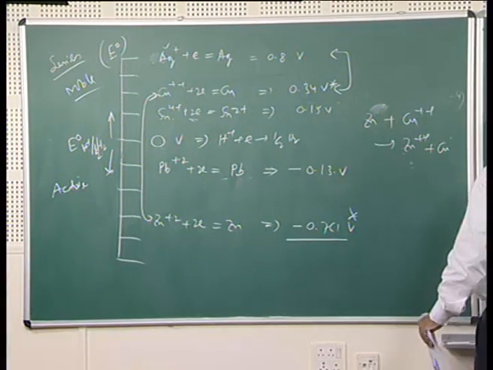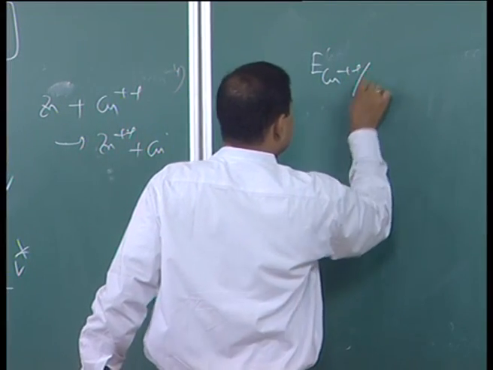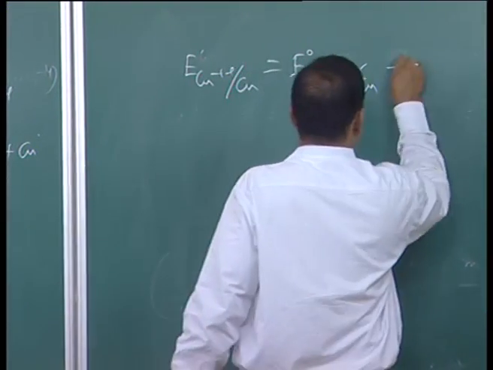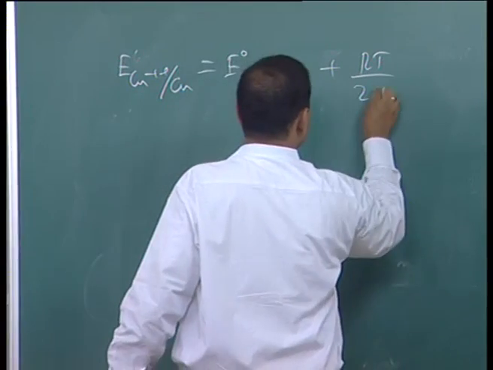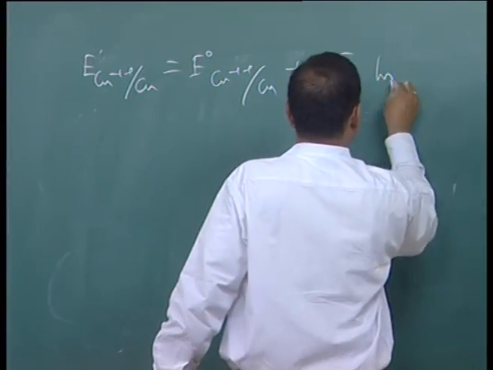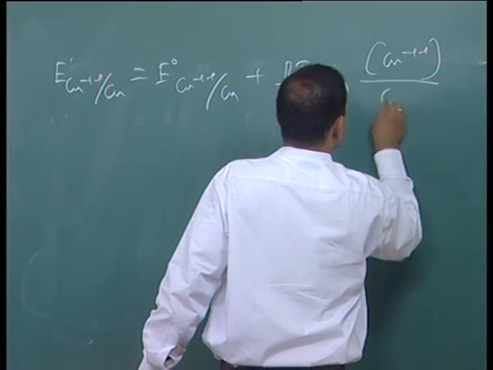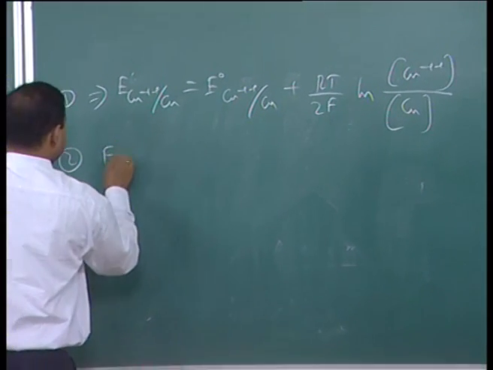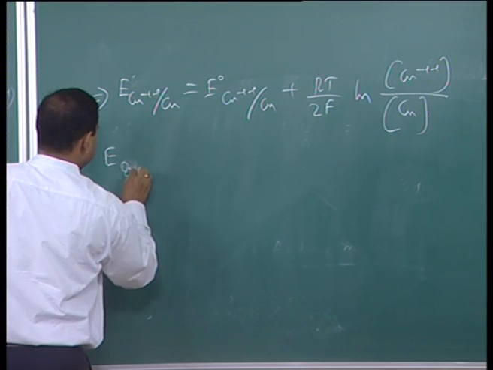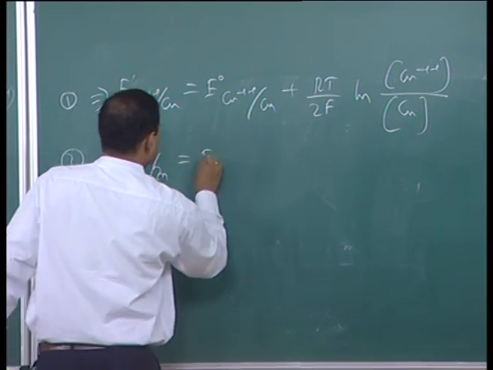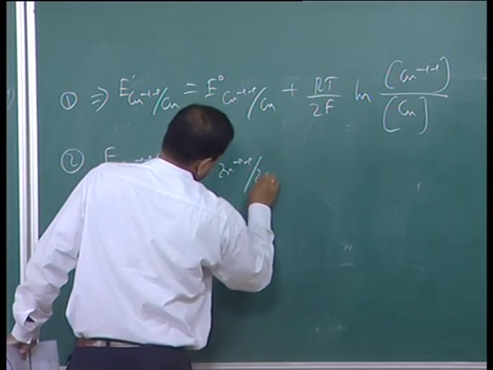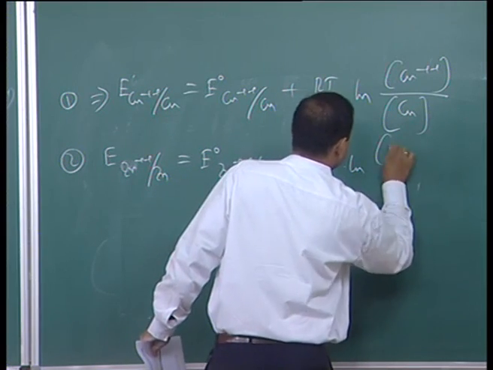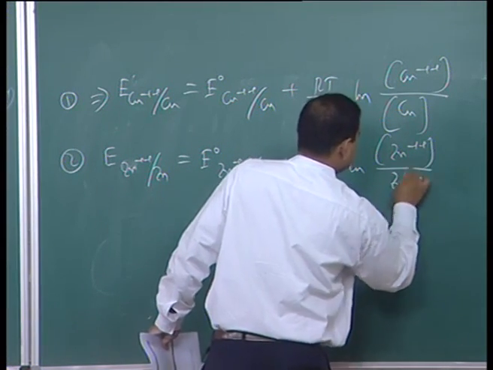Now, let us say E Cu plus plus/Cu equals E0 Cu plus plus/Cu plus RT/2F, because 2 electrons are involved here, Ln of Cu plus plus over Cu. Similarly, the second case: E zinc plus plus/zinc equals E0 zinc plus plus/zinc plus RT/2F Ln of zinc plus plus over zinc.